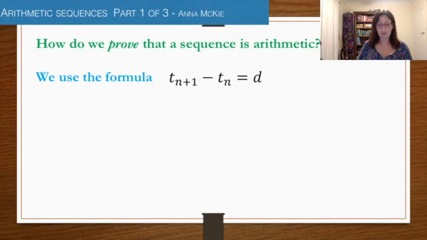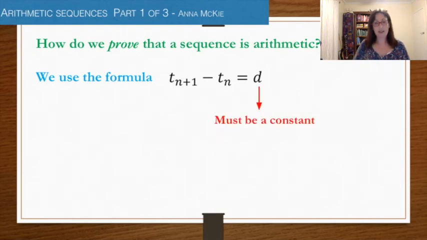Use the formula of this. Now think about that 4 and that 7 in the previous term. We did the 7 take away the 4 to get that difference of 3. So I'll write that there. 7 take away 4 gave us the difference of 3. Now, the difference must be a constant. That can't be changing to be arithmetic. It can't be a variable either.